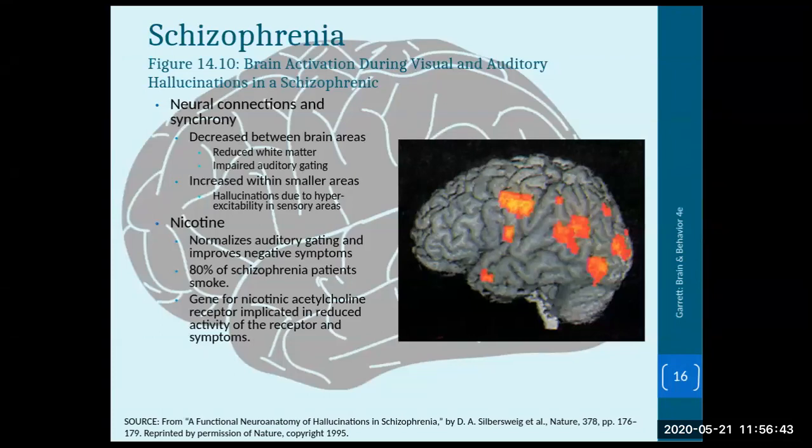This is where most of the hallucinations are actually auditory hallucinations, so hearing voices as opposed to seeing somebody there or something like that. And that has to be due to a miscommunication in the auditory system.